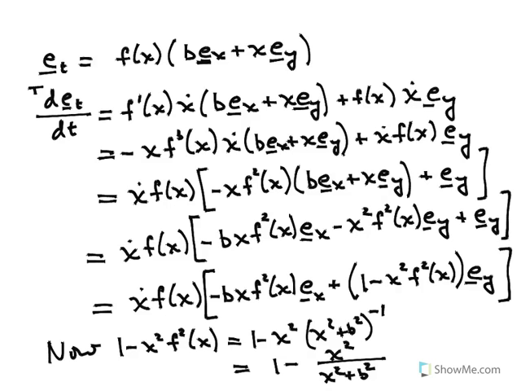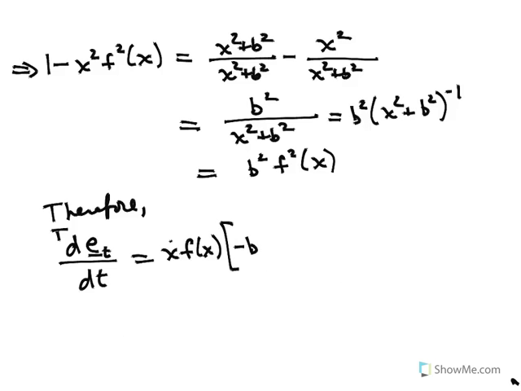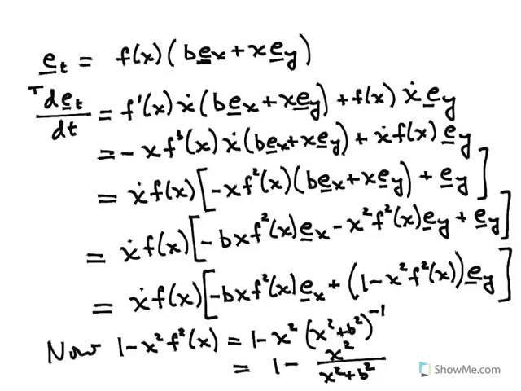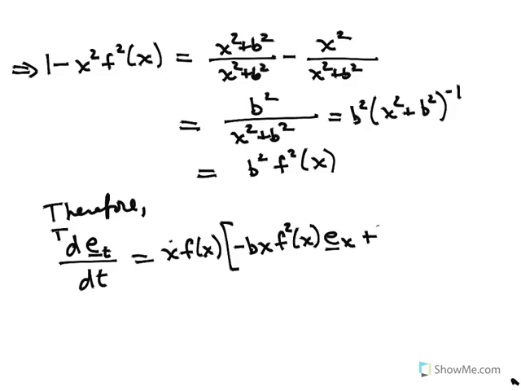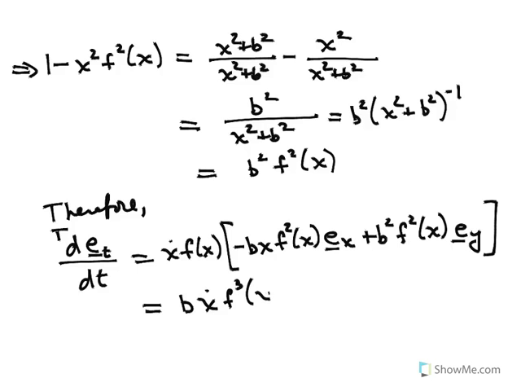I've got minus bx times f squared of x times e sub x, and then I've got 1 minus x squared times f squared of x times ey, but that's equal to b squared times f squared of x times e sub y, which I can then factor out the b and the f squared, and I get b times x dot times f cubed of x.